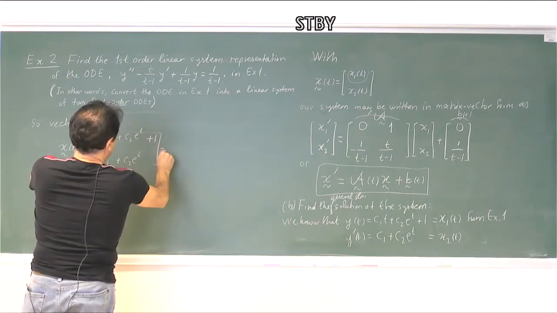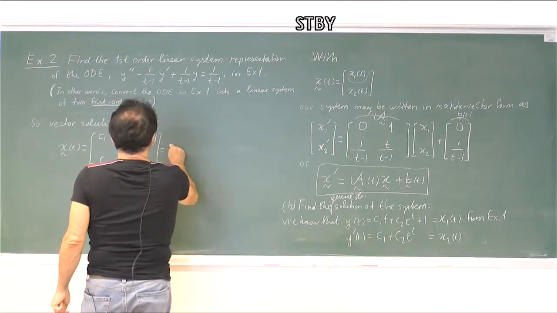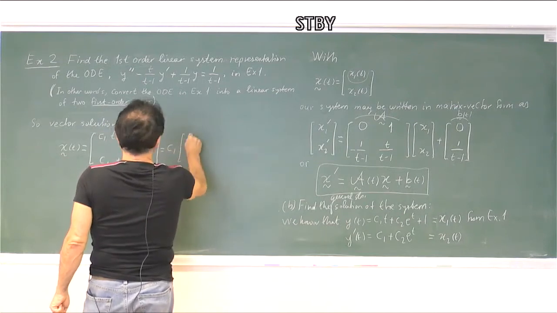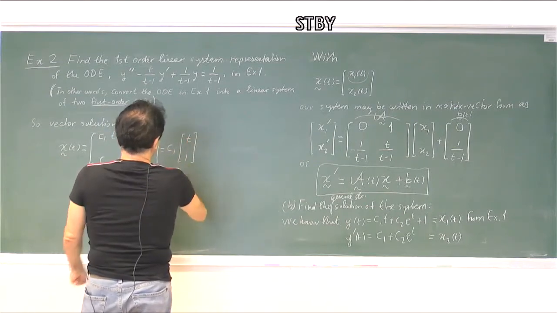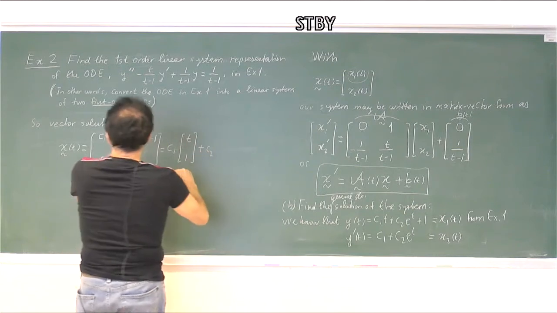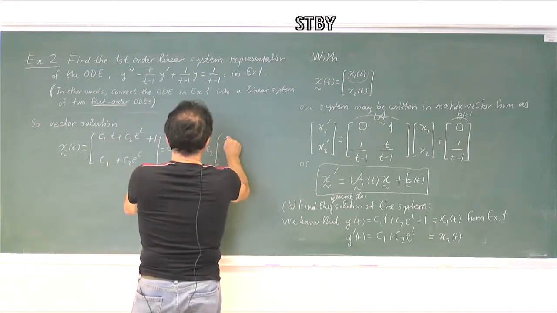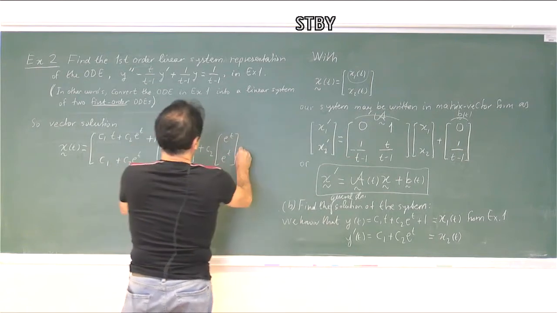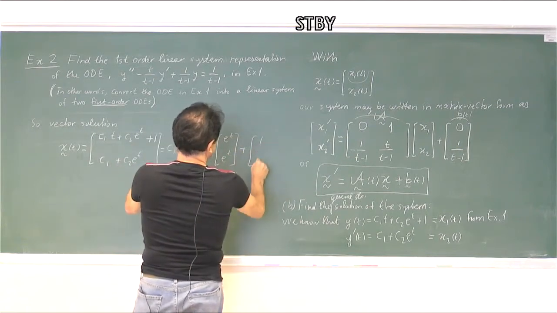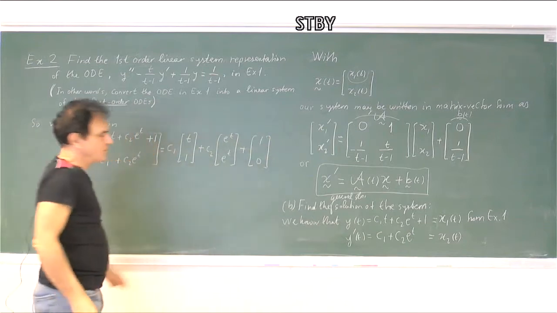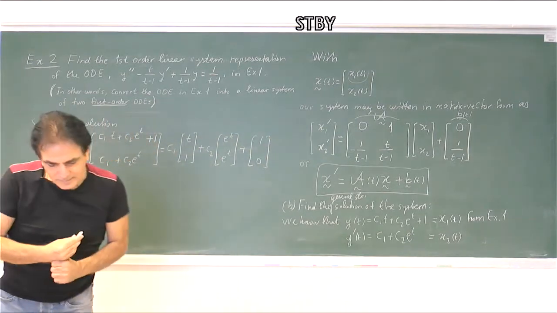Okay? Which may be written as C1 times (t, 1), plus C2 times (e to the power t, e to the power t), plus (1, 0). Correct?